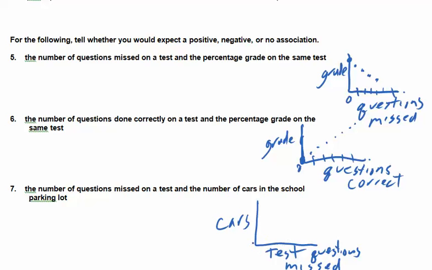So if I got a low grade on my test, how many cars would there be? They don't have anything to do with each other, right? It doesn't matter. It has nothing to do with each other, right? So this is a no association.